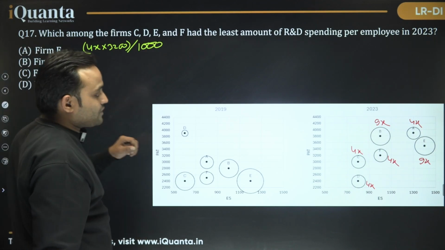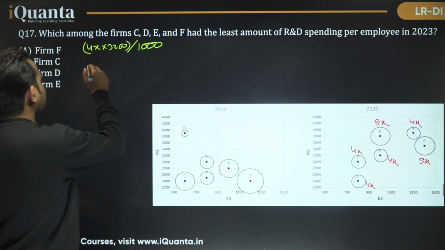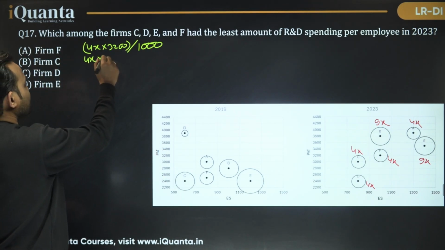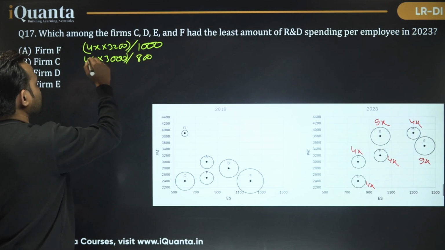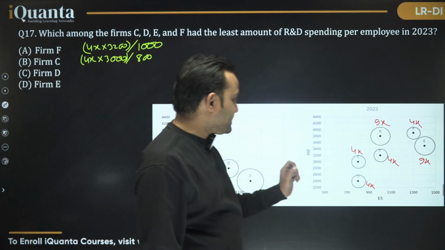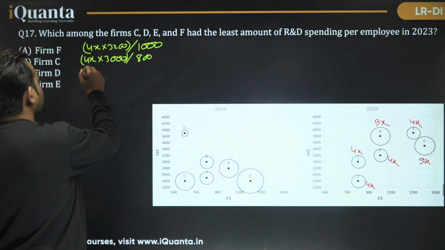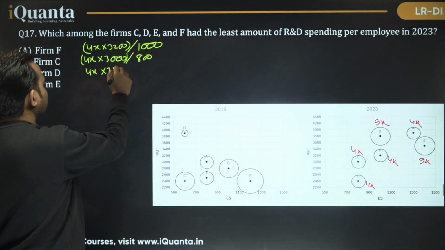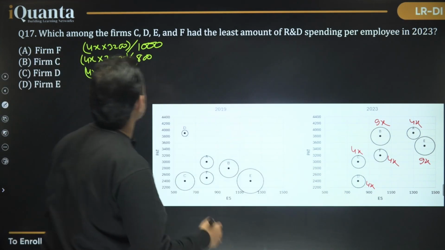In case of firm C, 4x into 3000 divided by 800. In case of firm D, it's 4x into 2400 divided by the number of employees, which is again 800.